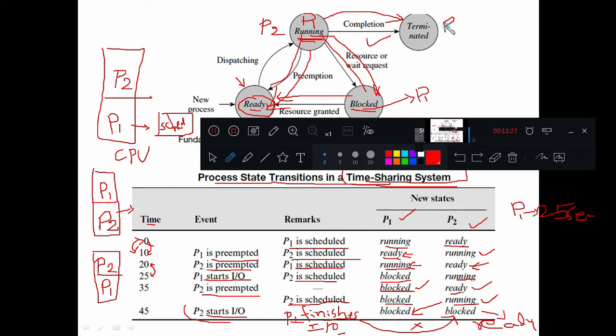So in this case, the operating system will handle the state transitions of these two processes, and it will make sure that both processes terminate without any error. If an error occurs during execution, then forceful termination of those processes will be taken care of by the operating system. Right?